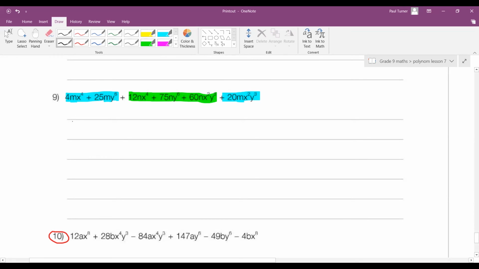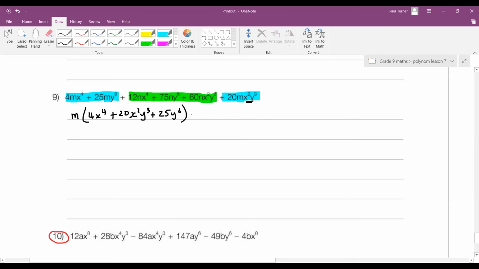So let's take out the common factor. Let's save some time. So 4x4. Now I want to put the combined term in the middle, so it's going to be 20 x2 y3. And then the last term, 25 y6.